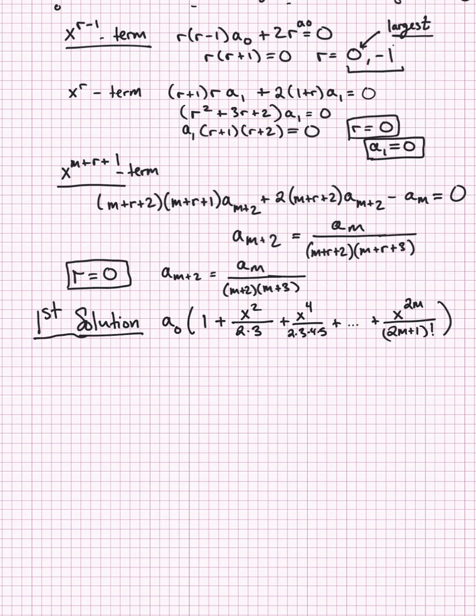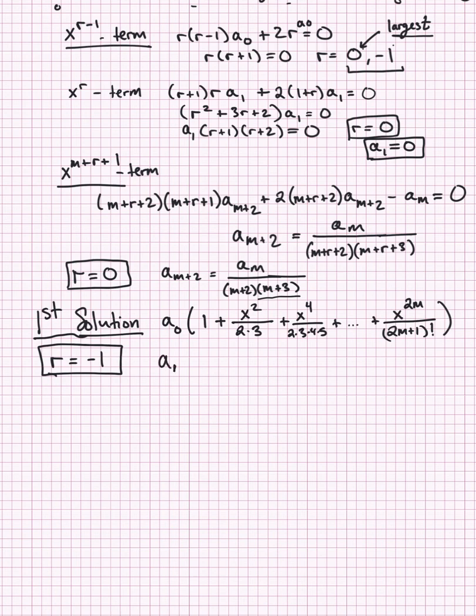And now you have to look at r equals minus 1. And here it turns out that we get lucky, because the same exact recurrence relation is going to be valid. We've done the work, just at this point we plug in r.